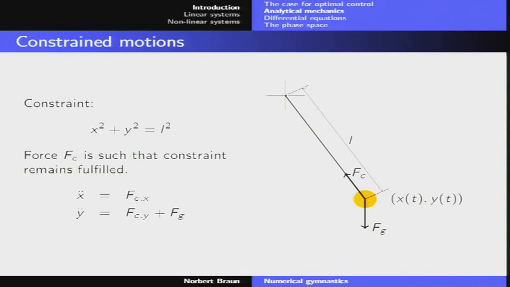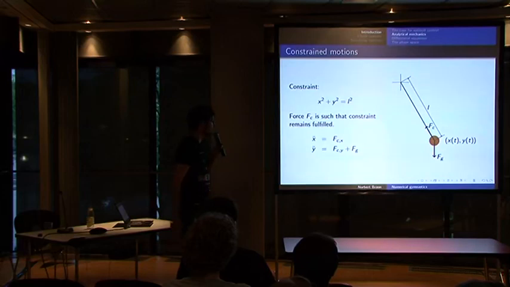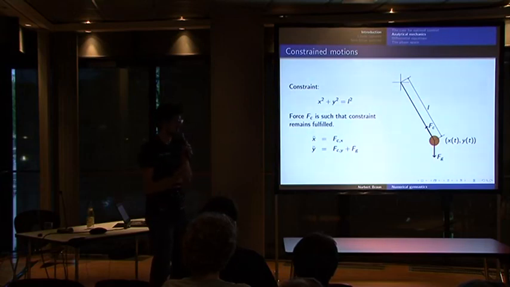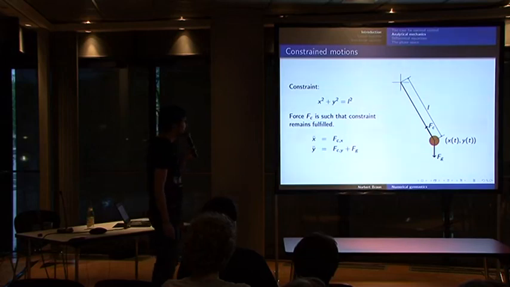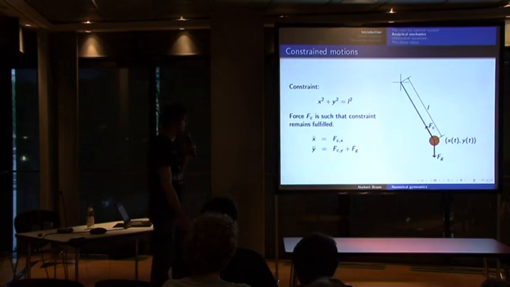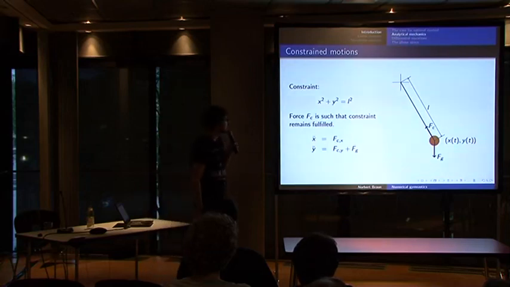And this complicates the equations of motion, because in addition to the trivial force due to gravity, Fg, we now get a constraint force Fc that makes the string pull on the point mass in such a way that the string always remains taut. In this simple example, of course, it's relatively easy to get an expression for this Fc. But in more complicated examples, like the acrobot, it is going to get rather difficult.